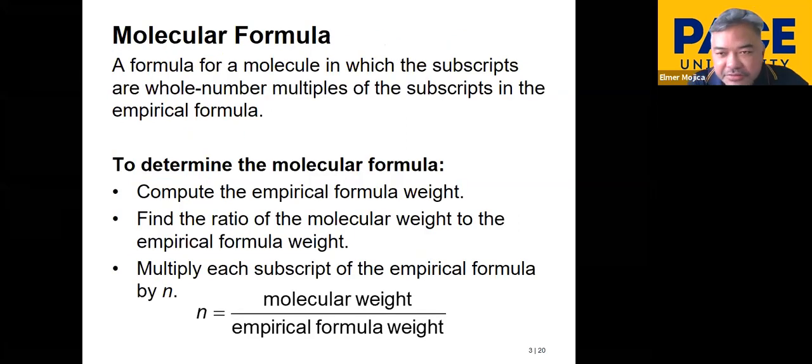Now, in addition to the empirical formula, you also have this concept of molecular formula. So how is empirical formula different from molecular formula? So empirical formula, that's the simplest whole number ratio.